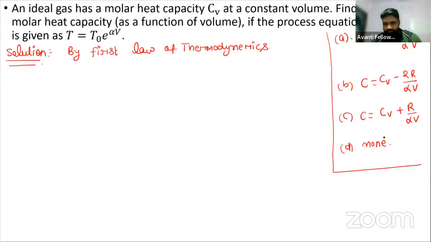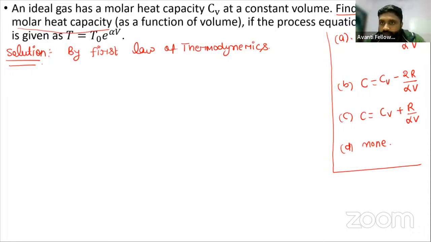Try to solve this. The question says that the molar heat capacity is what we finally have to find out. This molar heat capacity is the molar heat capacity at constant pressure, and we need to relate it to the molar heat capacity at constant volume.